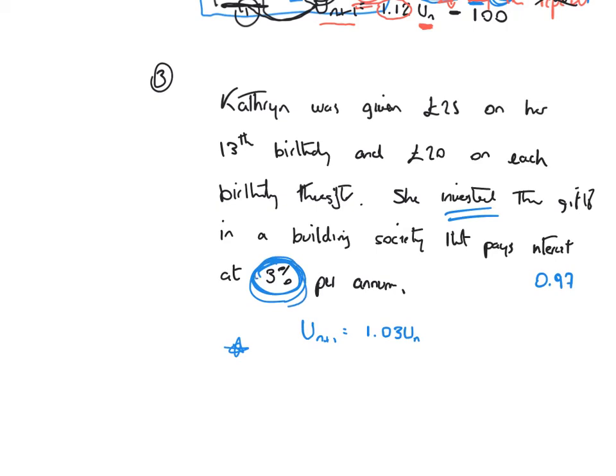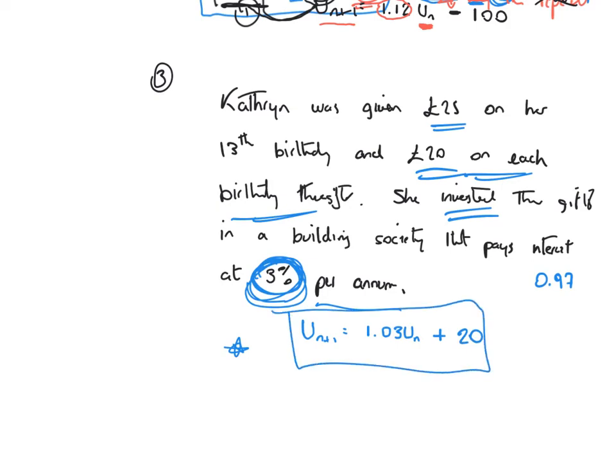So it grows at 3% every year, that repeats. What else repeats every year? Well, the £25 doesn't repeat, that's just an initial gift. The thing that repeats is she gets £20 on each birthday thereafter. Now, £20 is not taken off her, she's given that £20, so it's plus 20. So the recurrence solution then is given by Un+1 equals 1.03 Un plus 20.